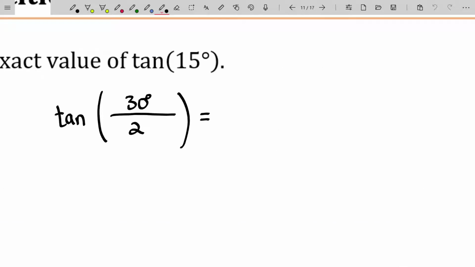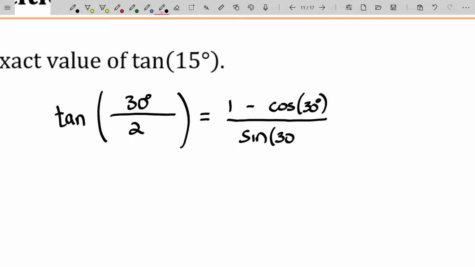So here we have it, 1 minus cosine of the regular angle, the easy angle, over sine of that easy angle. Now again, this is not a memorizable formula. I do not think students should memorize the half-angle formula for the tangent.